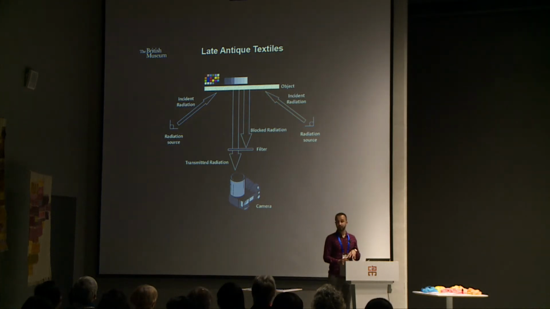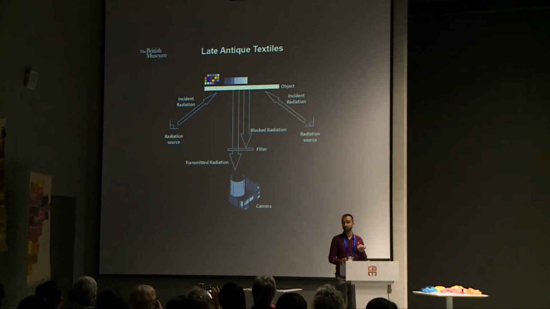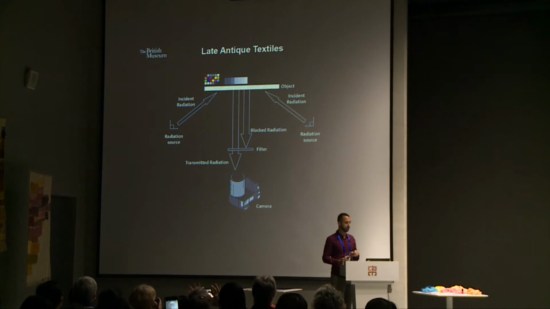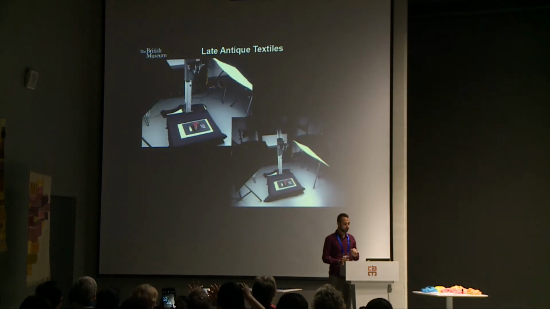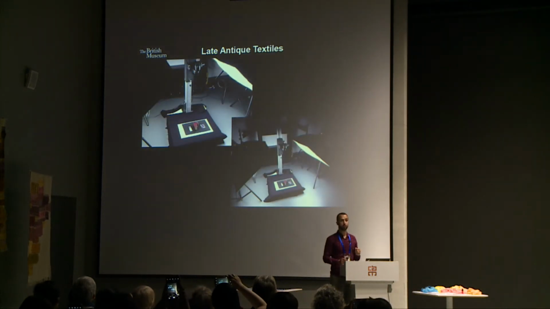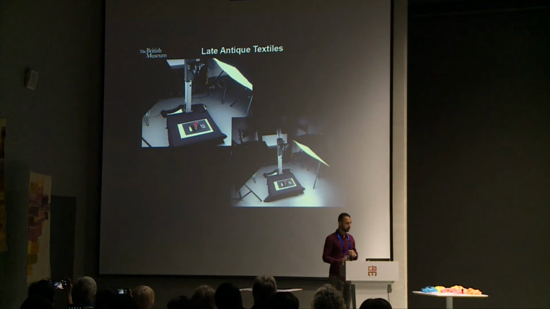And then you have a camera, which is a simple camera, which can just record at quite a wide range of wavelengths, and you can use different filters on top of the camera to select specific wavelength bands. And these are just images of the setup when we were imaging the sock.